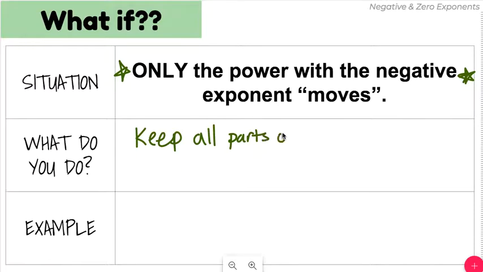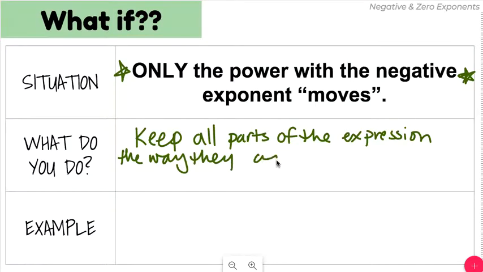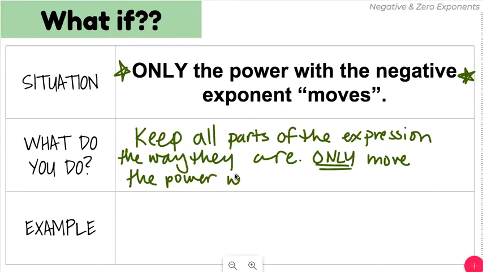Keep all parts of the expression the way they are. Only move the power with a negative exponent. And we'll take a look at an example.